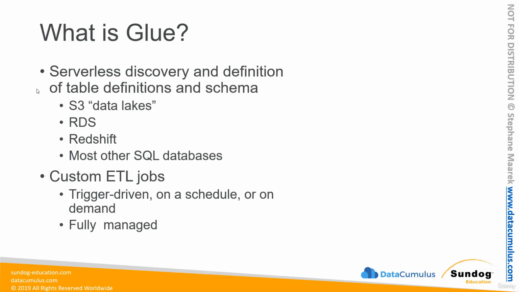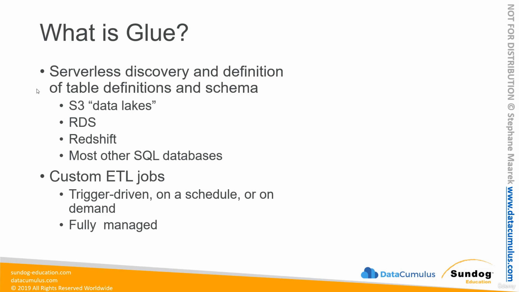So what is Glue all about? Well, it's a serverless system. So again, there's nothing you need to maintain there that will automatically handle discovery and definition of table definitions and schema. So its main use is to serve as a central metadata repository for your data lake. It will discover those schemas out of your unstructured data sitting in S3 or whatever, and publish table definitions for use with analysis tools such as Athena or Redshift or EMR.